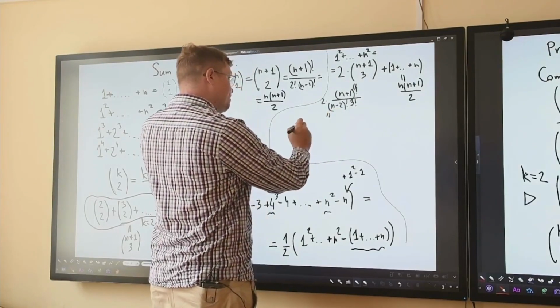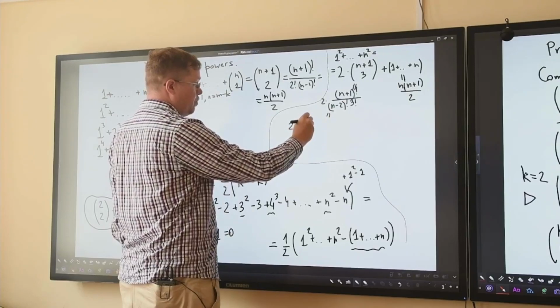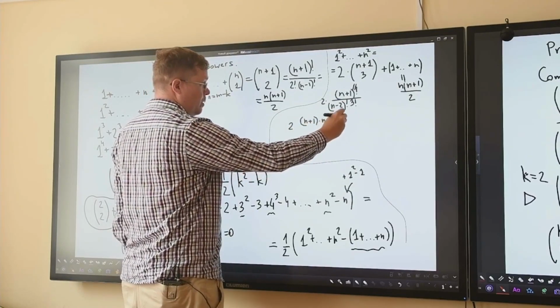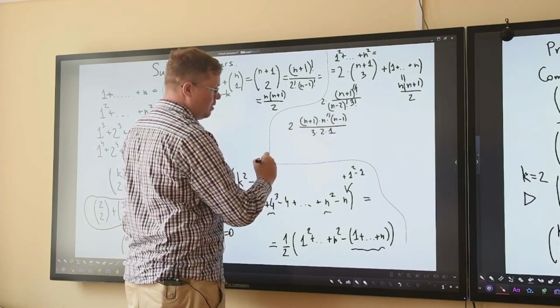So here I can rewrite this as n plus 1 times n minus 1 over 3 times 2 times 1.